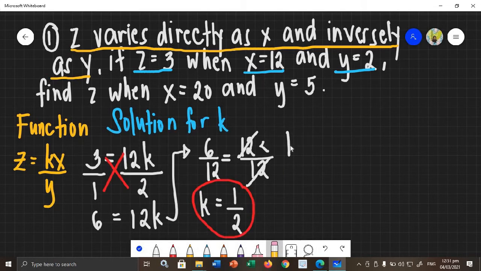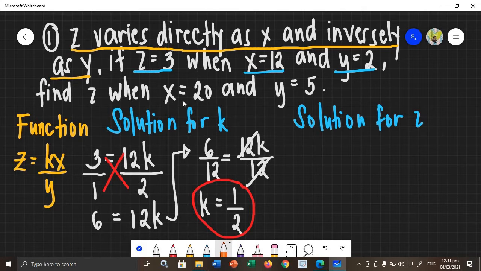So, to find the value of z, again, we will use the function that we derive from the statement. And then, we need to use the second given for x and y, and also the value of k that we solved a while ago.